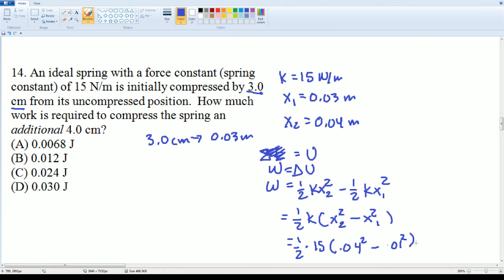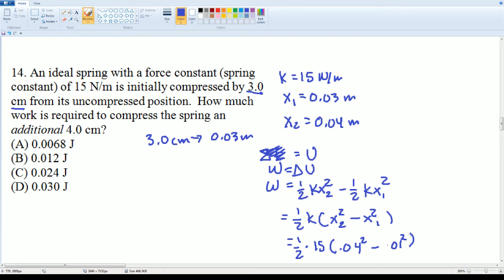So 0.5 times 15 times, what is it, 0.04 squared minus 0.03 squared.